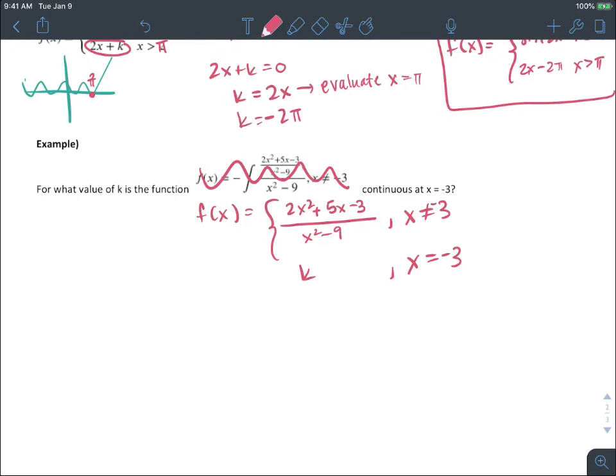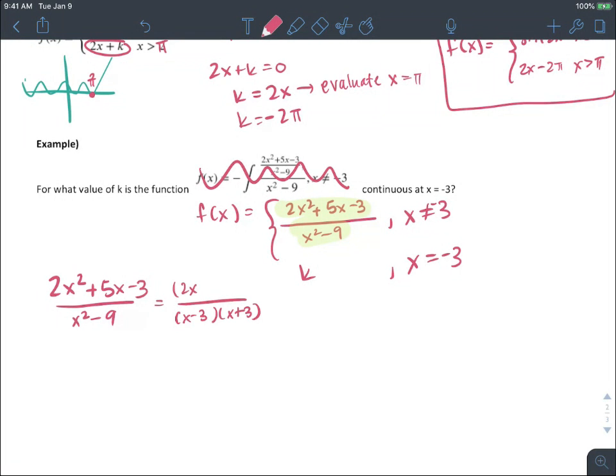Okay? So same, I need to figure out what the value at negative 3 is going to be. So I'm going to go ahead and factor the top. So 2x squared plus 5x minus 3 over x squared minus 9 is equal to the bottom, x minus 3 times x plus 3.